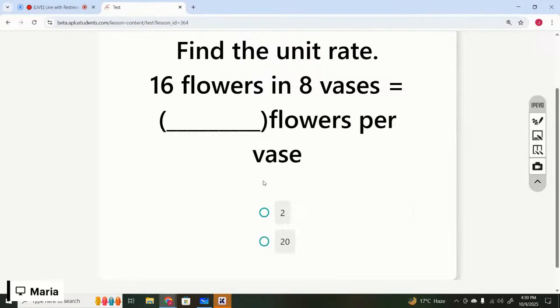Find the unit rate. 16 flowers in 8 vases. So how many flowers per vase?